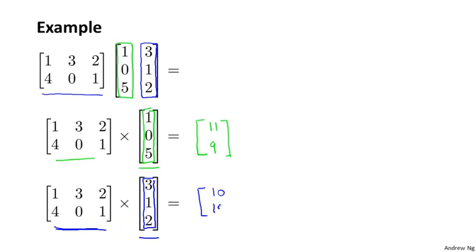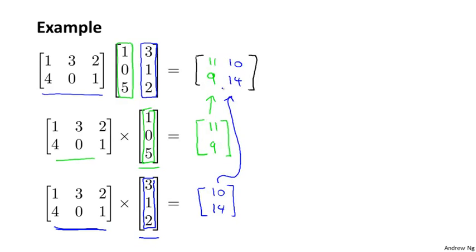By the way, if you want to practice your matrix vector multiplication, feel free to pause the video and check this product yourself. Then I'm just going to take these two results and put them together, and that'll be my answer. The outcome of this product is going to be a 2 by 2 matrix, and I fill it in by taking my elements 11, 9 and plugging them here, and taking 10, 14 and plugging them into the second column.